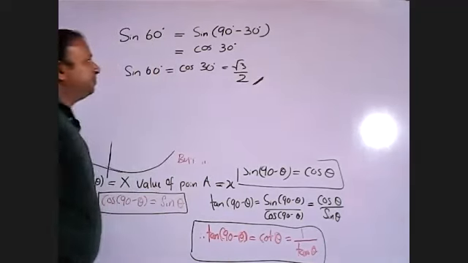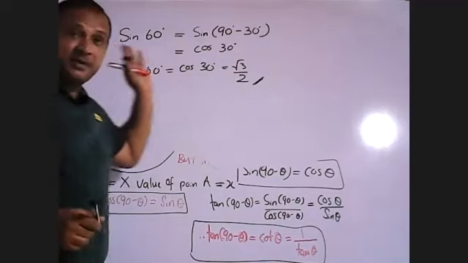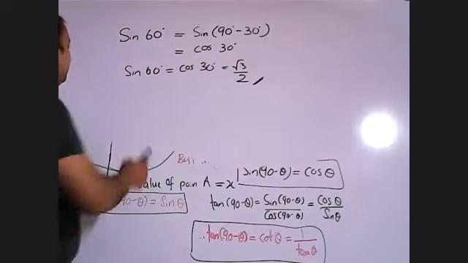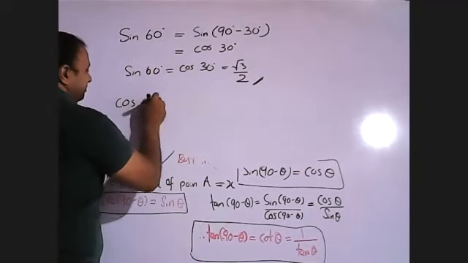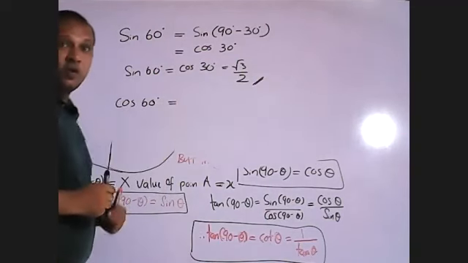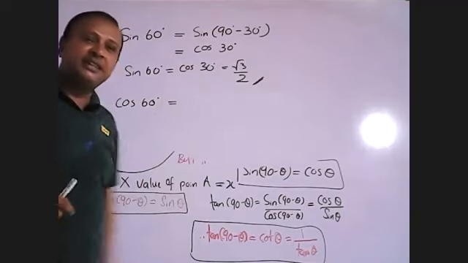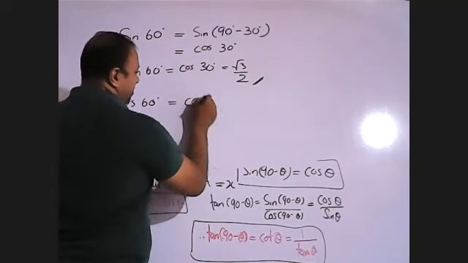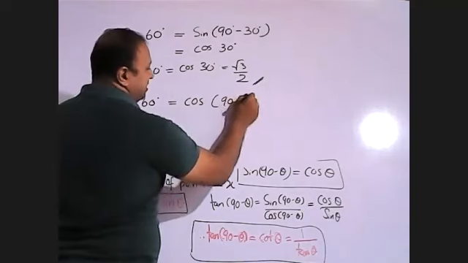You know this table, no? Sin 60 and cos 30 are equal. Then again, cos 60 should be equal to sin 30, no? Look at this. Cos 60. 60 can be written as 90 minus 30.